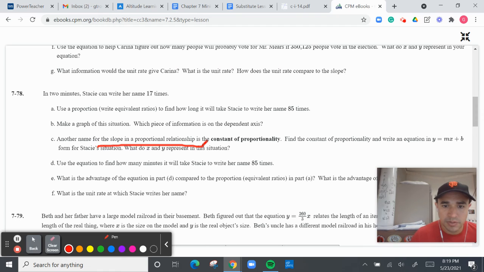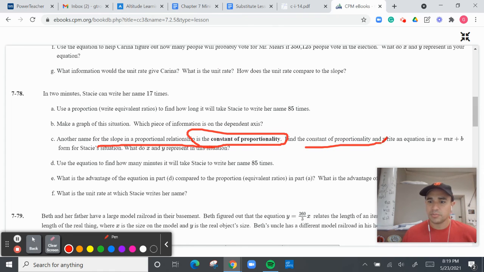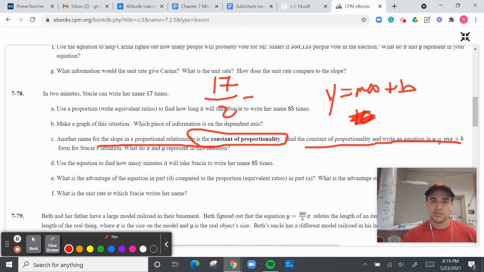Another name for slope in proportional algebra is constant of proportionality. Find the constant of proportionality and write an equation. So we already know y equals mx plus b. Our growth here is going to be 10. Well, actually, we don't know what our rate is. It's actually 17 divided by 2, which is 8.5 over 1.